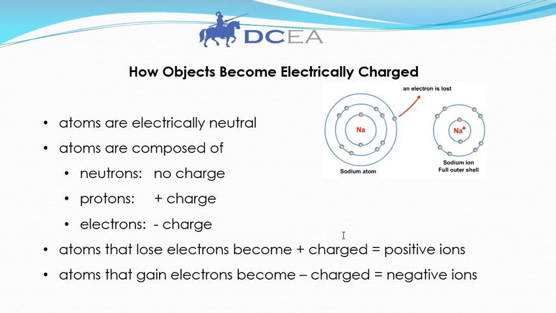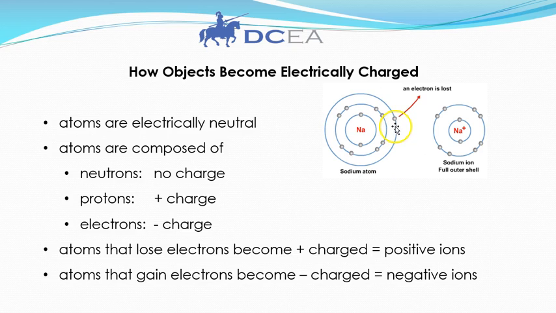So how do objects become electrically charged? Well, let's take a look at this sodium atom. Na, which is sodium, has an inner ring of 2 electrons, a second ring that has 2, 4, 6, and 8, and then there's a third ring that has one electron.